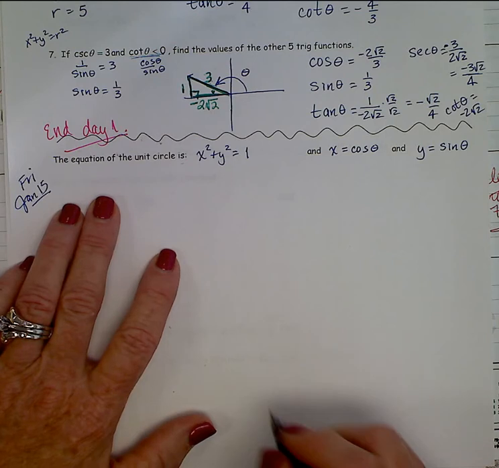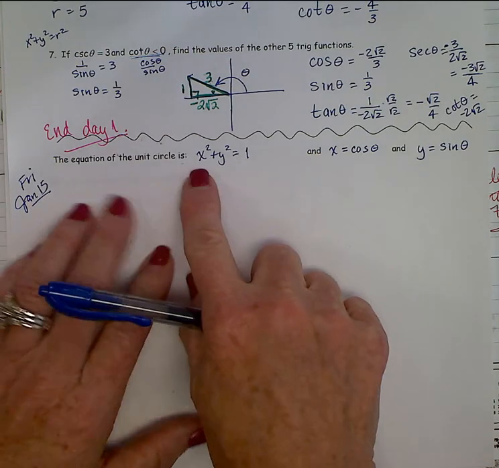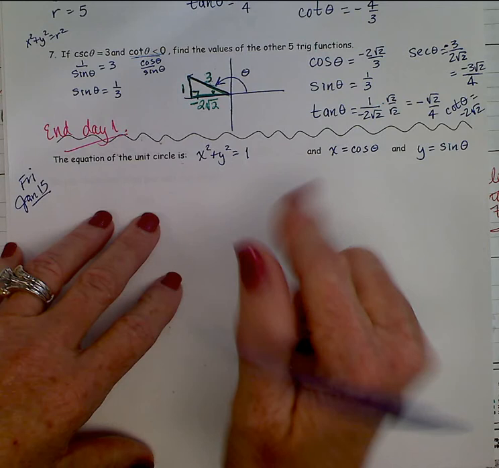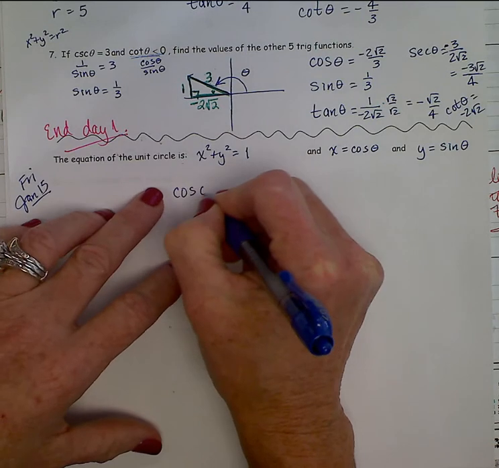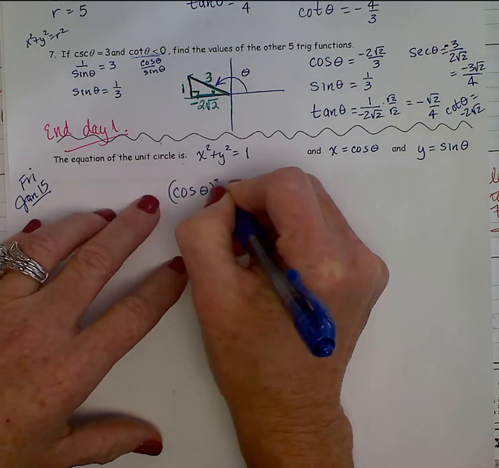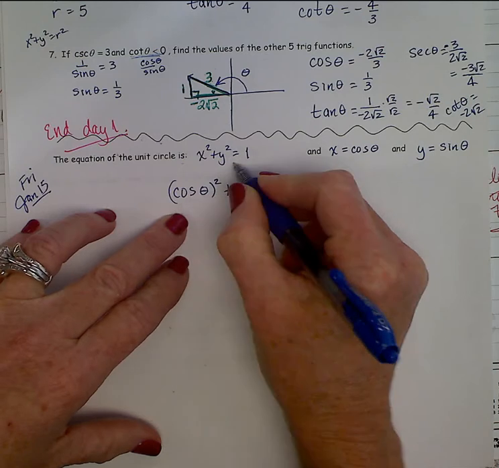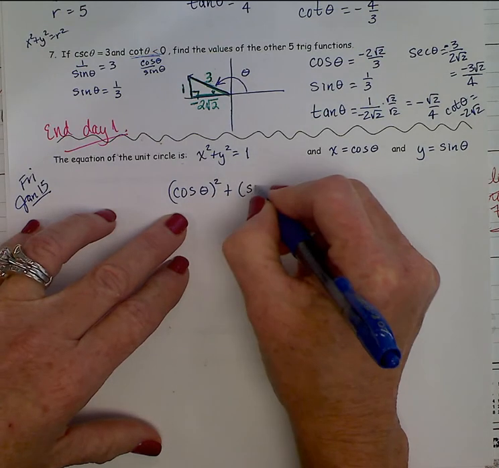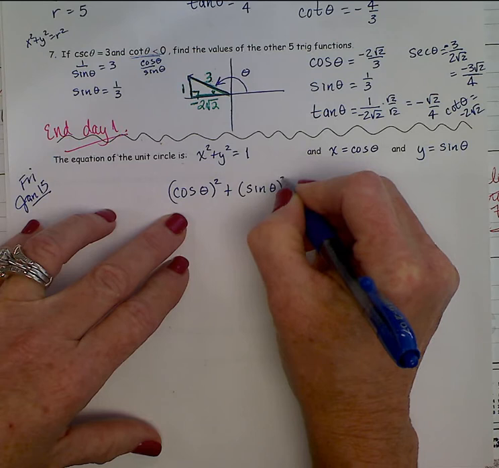So we can replace x with cosine theta, so we're looking at (cosine theta) squared, plus, same thing, replace the y, (sine theta) squared equals 1.